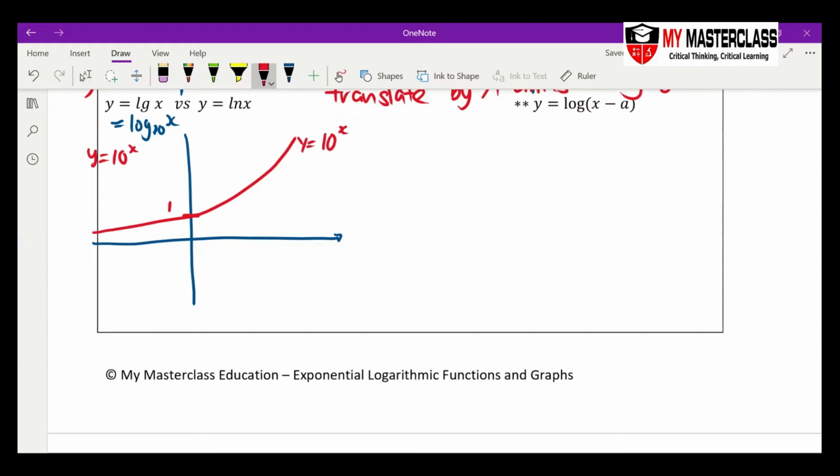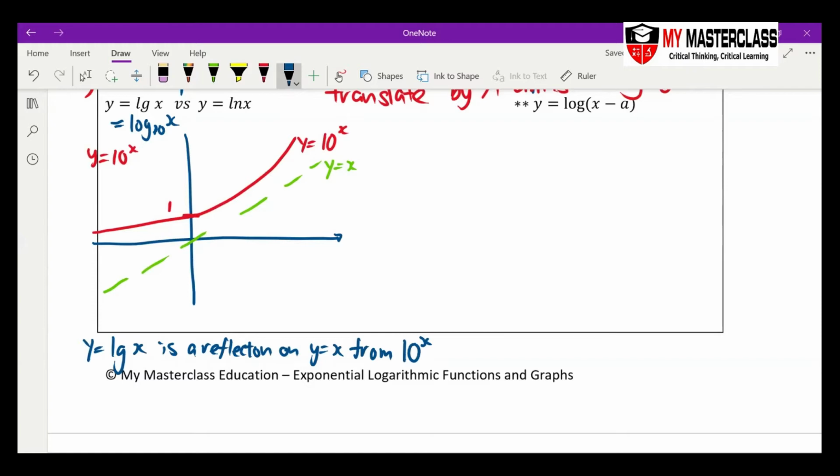What I want to tell you is the relationship between log and 10 to the power x: it is a reflection on y equals to x. Write down: y equals to log x is a reflection on y equals to x, from 10 to the power x.